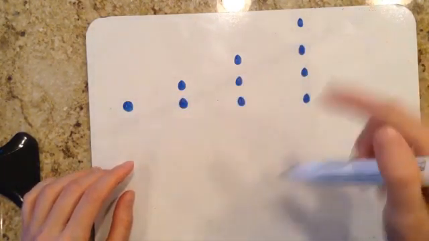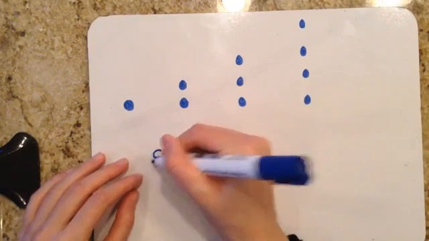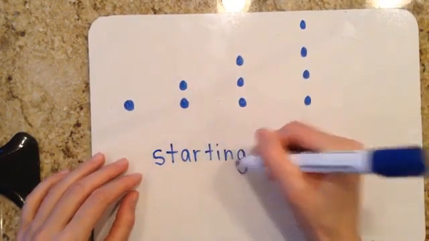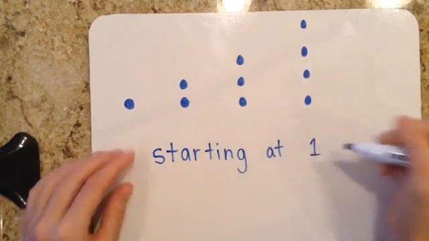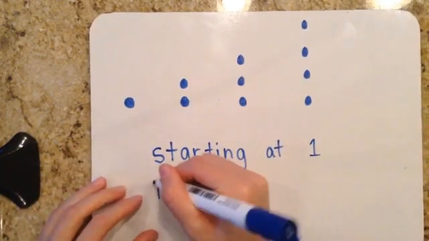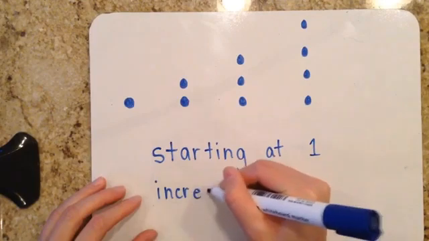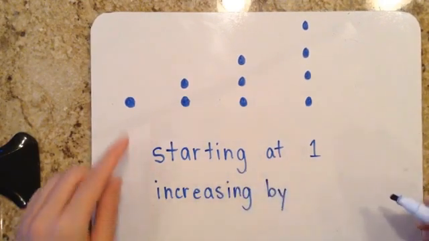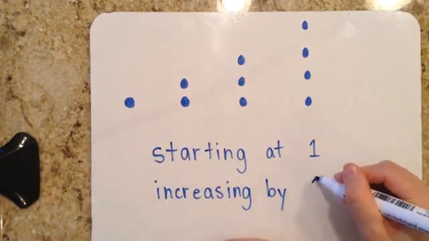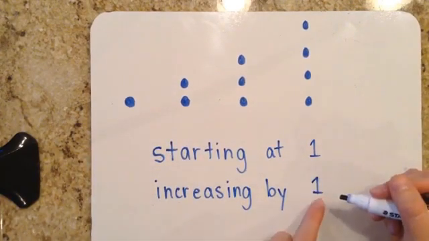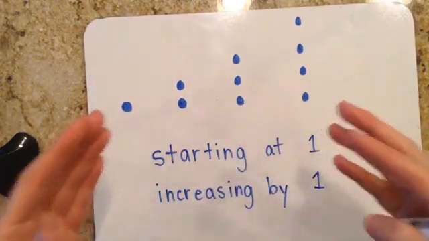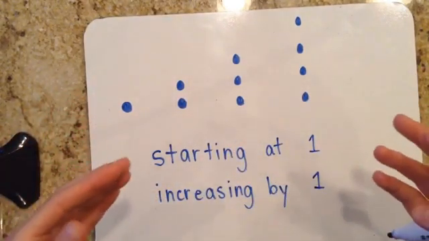This is an increasing pattern because every time I move to the next term, it gets bigger and bigger. This pattern rule is starting at 1, increasing by, can you guess? Increasing by 1. What that means is every time I move to the next term, I get 1 bigger, 1 bigger, 1 bigger.